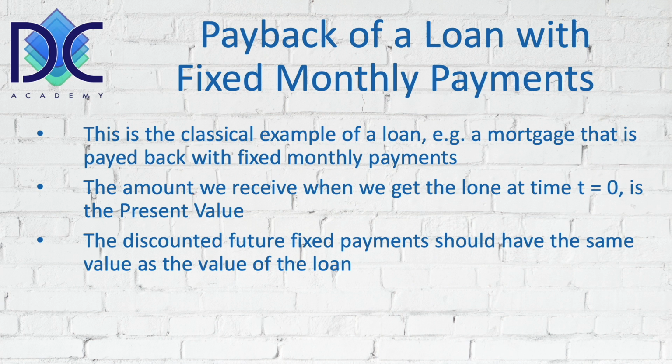When you're paying a certain amount every month, we take the present value of all those payments, and that should be equal to the amount of the mortgage. That's basically the principle of discounting that we've seen in some of the other videos.